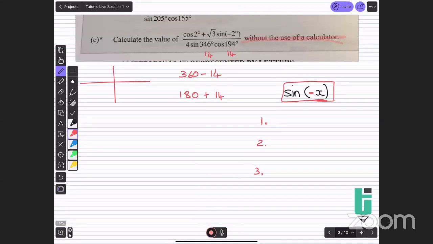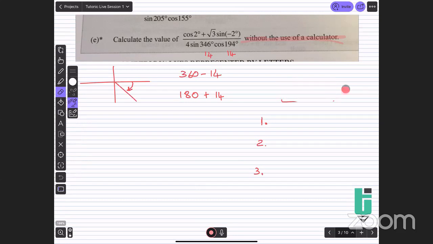If I draw the CAST diagram, going from negative, you're going this direction. 360 minus x and negative x is the same. Sine is negative in the 4th quadrant, and because it's the 4th quadrant, it stays the same. So it's negative sine x.